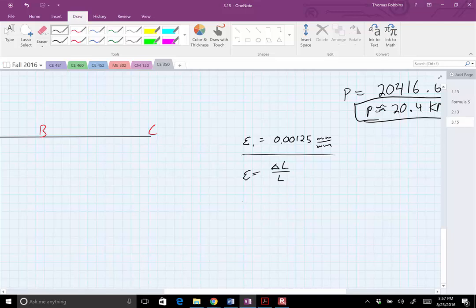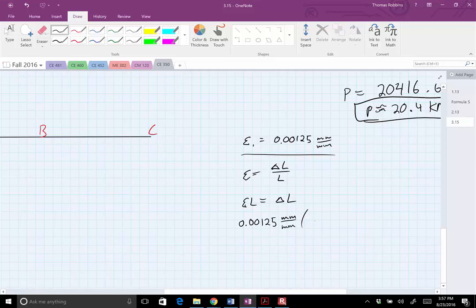So multiply epsilon by length, so epsilon times length equals our change in length. So 0.00125 millimeters per millimeter multiplied by, what's the length of member 1?